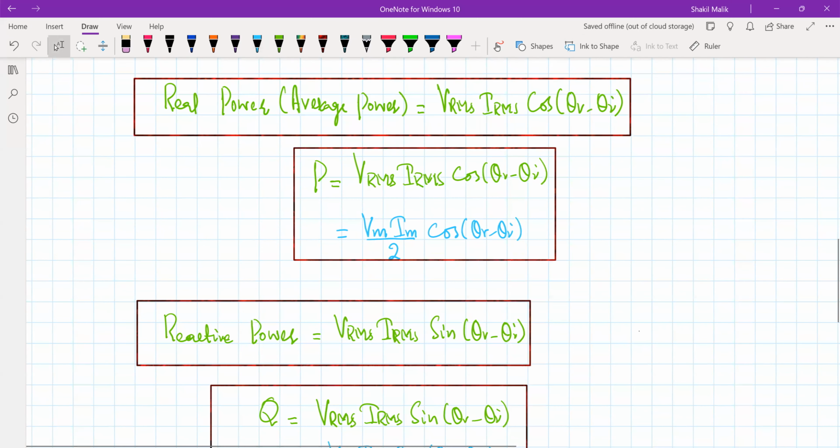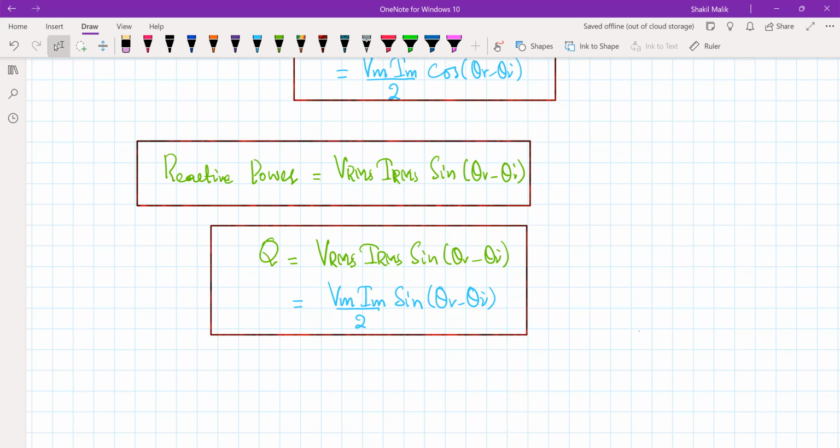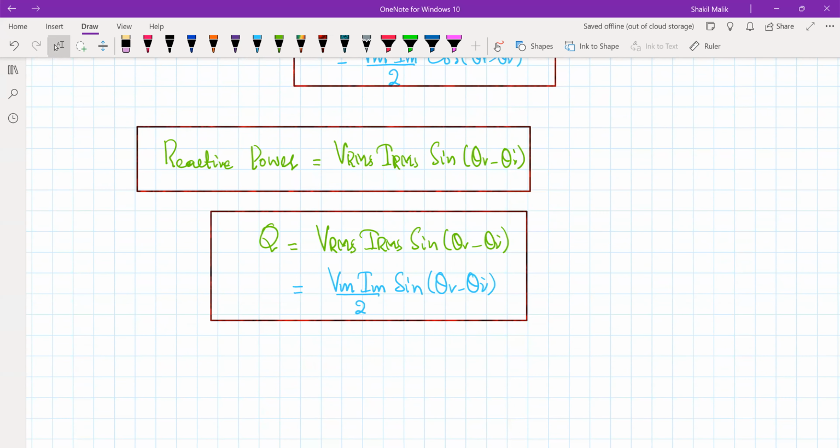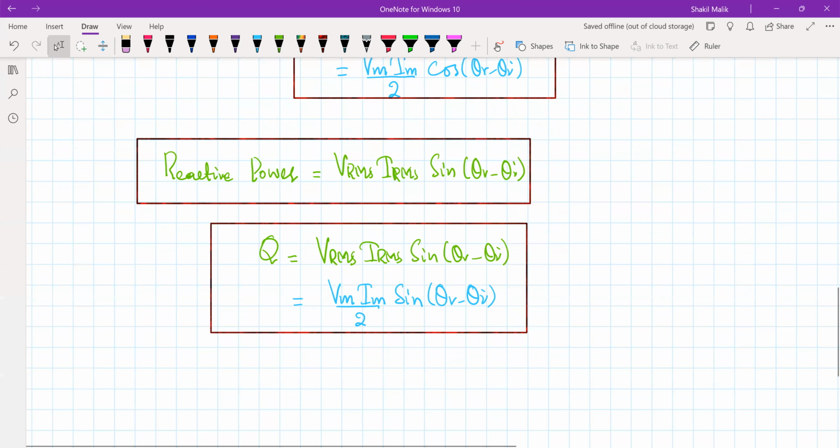Now a little bit about the units. P is measured in watts. We say the real power absorbed or supplied by the element is VRMS IRMS cosine of theta v minus theta i watts, and the reactive power, the imaginary part of this complex power, is measured in volt-ampere reactive.